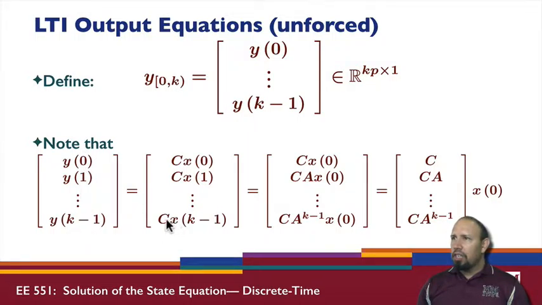All the way down, C times x of k minus 1, but x of k minus 1 is equal to A to the power k minus 1 times x naught. And so notice that x naught can be expressed in each of these terms, and so all of these outputs in the unforced system can be written as a linear combination of the initial conditions.